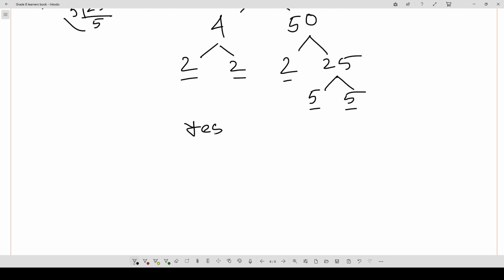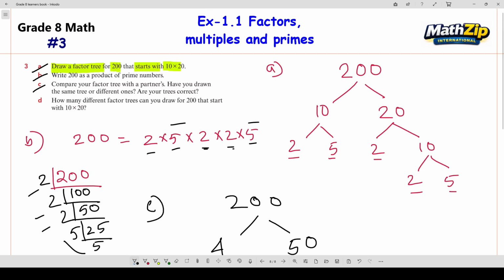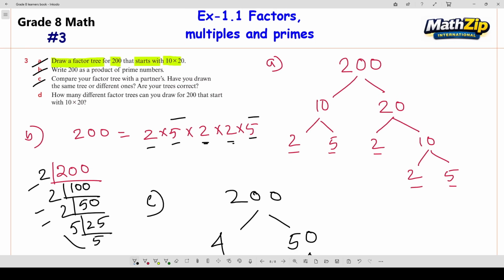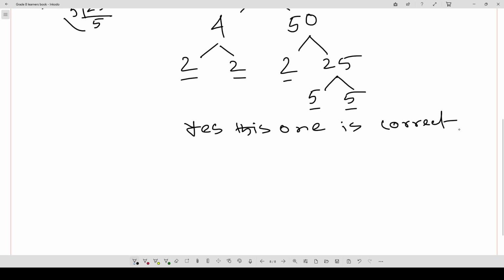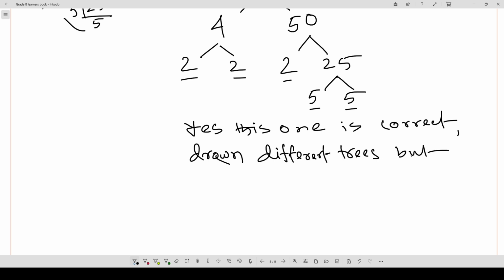Yes, this one is correct, right? And then have you drawn the same tree or different? Drawn different trees, but endpoints same.